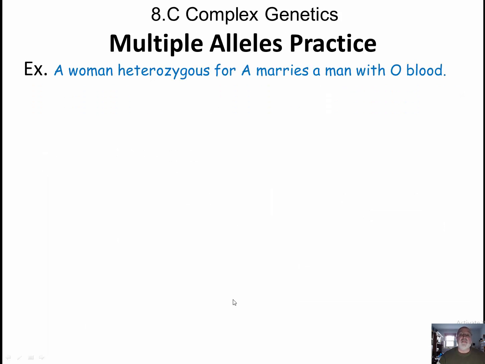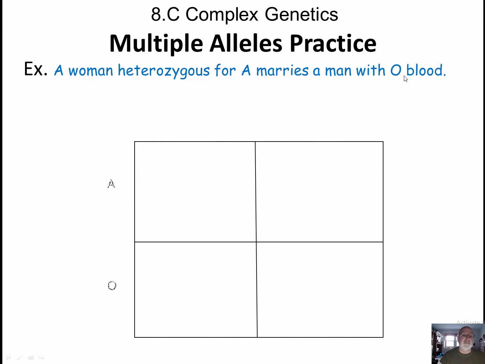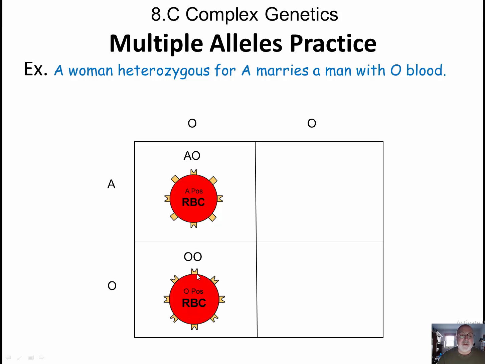So a woman who's heterozygous for A, that means A and O, marries a male who's O blood, two O's. So we give AO and we give O's. And A blood looks like this, and A blood has antibodies on the outside of it, and this allows it to only like A blood. And then we have O blood, and you can see this O blood antibody is different.